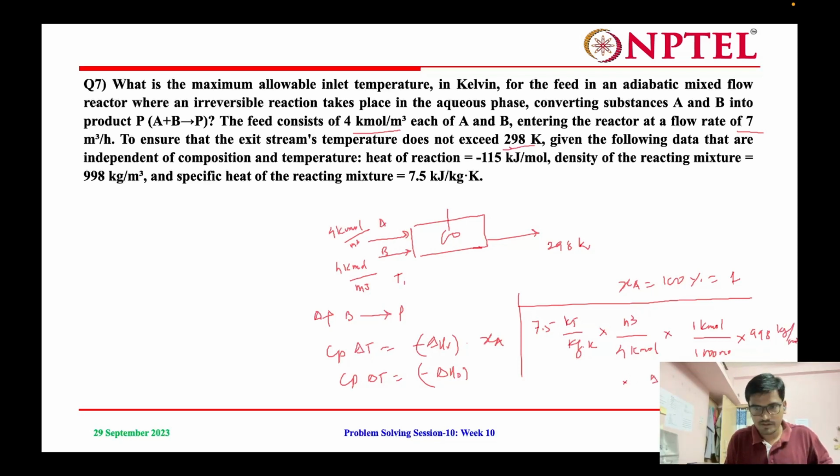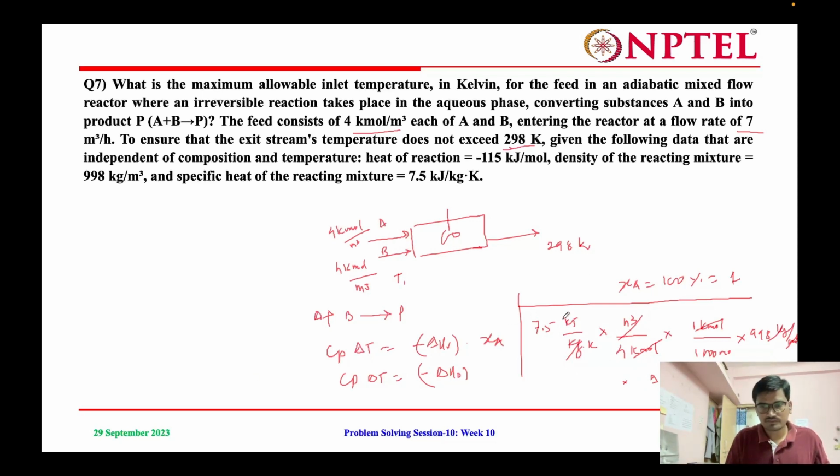So delta T equals minus minus 1 and it cancels 115 kilojoule per mole. The mole cancels, the per meter cube cancels, the kg cancels.